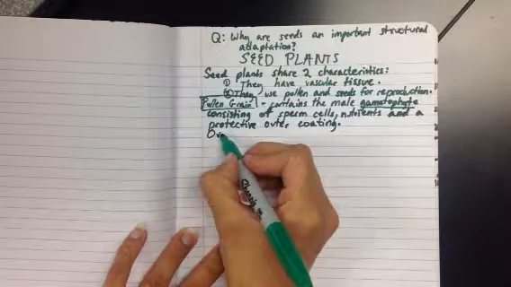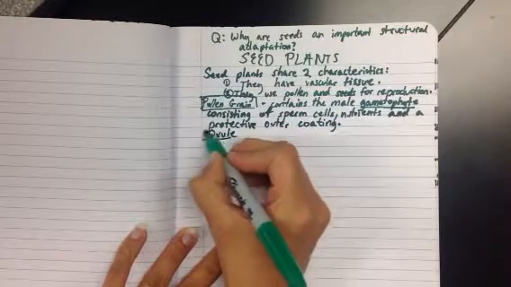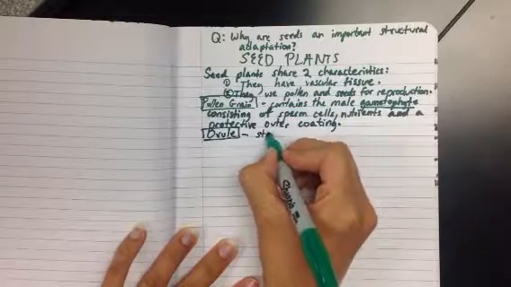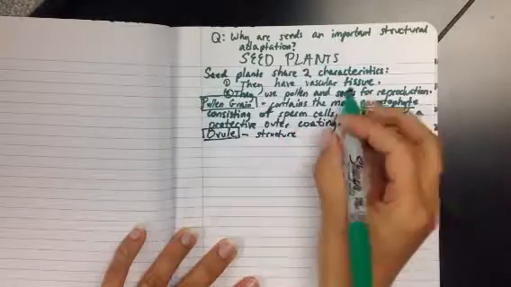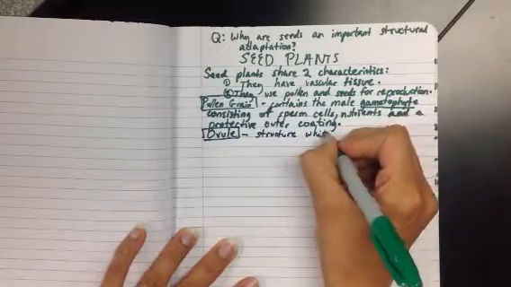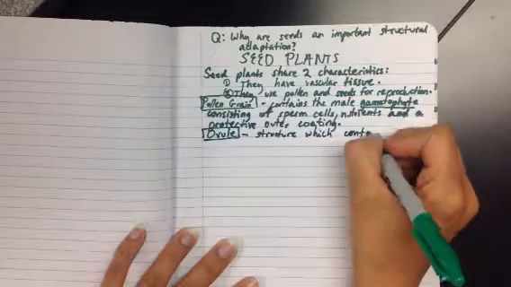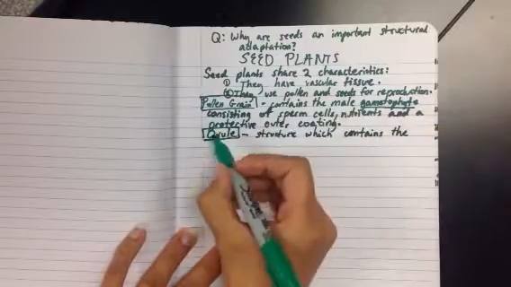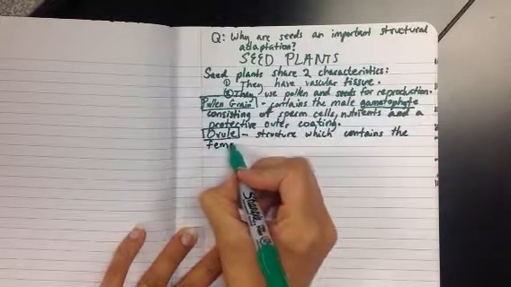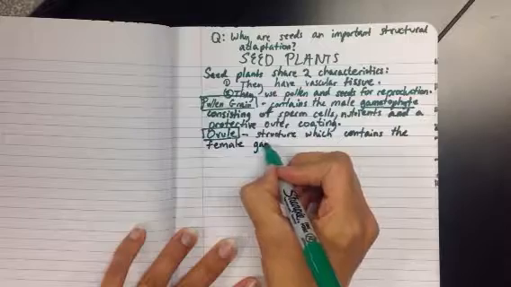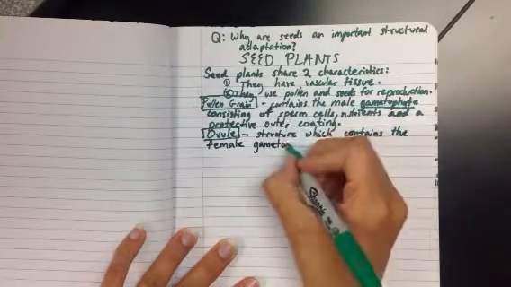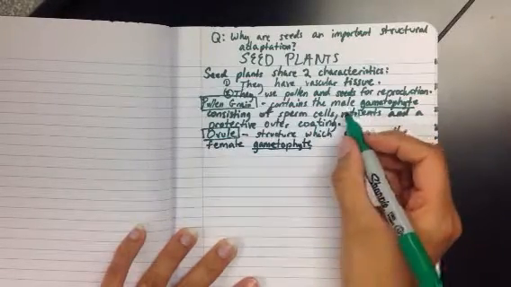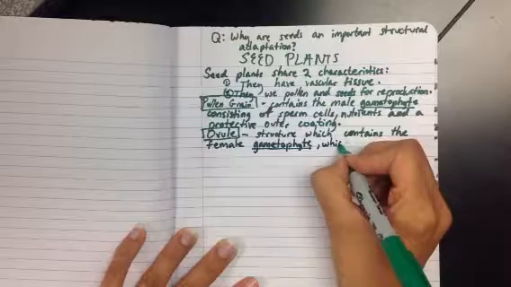Seed plants also have a female part, which is the ovule. And this is a structure which contains the female gametophyte, the sex structure, female gametophyte, which produces the eggs.